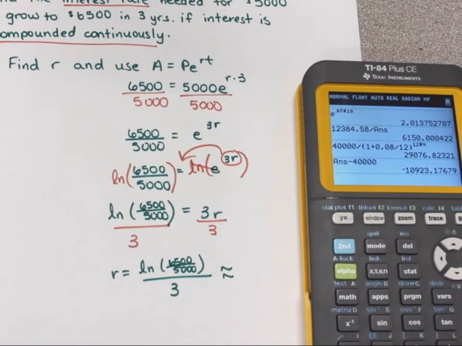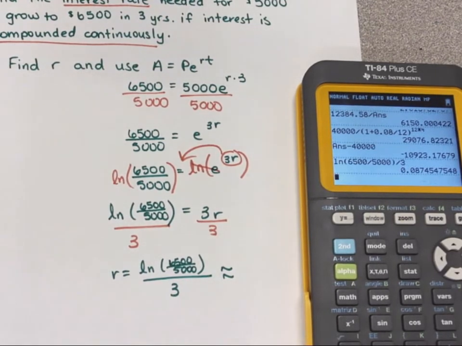If you look at the calculator, we would do ln of 6,500 over 5,000. Close the parentheses because I'm done with the ln part, right? And then I would divide that by what, according to what I wrote? Divide it by 3.